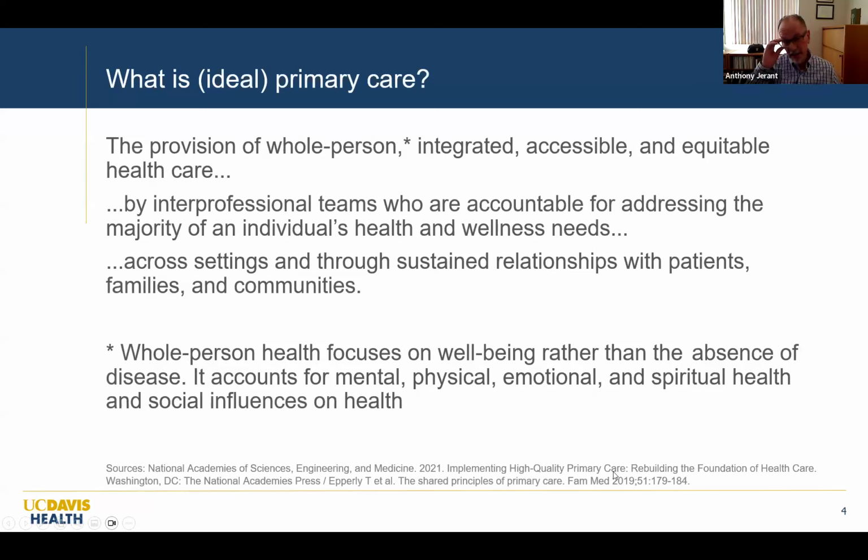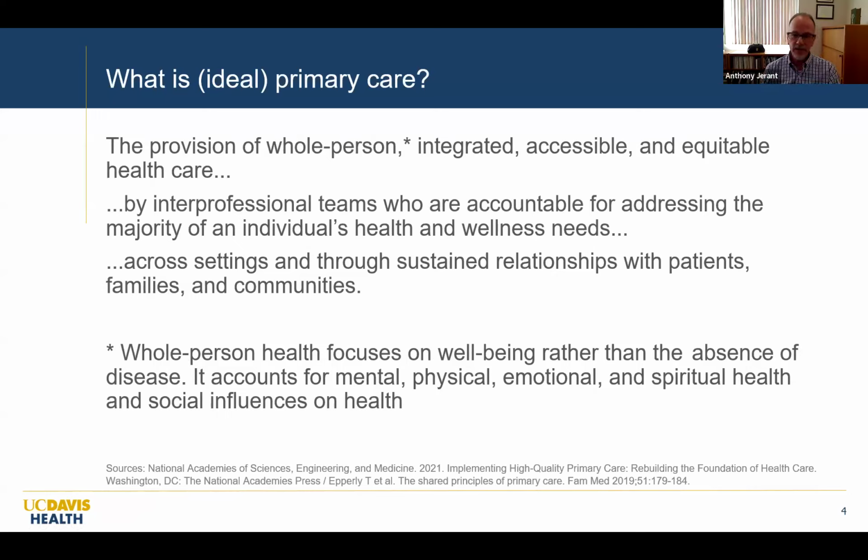So I'm going to start at the beginning. What is ideal primary care? There are varying definitions, but this one I think has been pretty much widely adopted since the National Academies of Science, Engineering, and Medicine Committee that came up with it in 2021, and it really built on other ones from before.